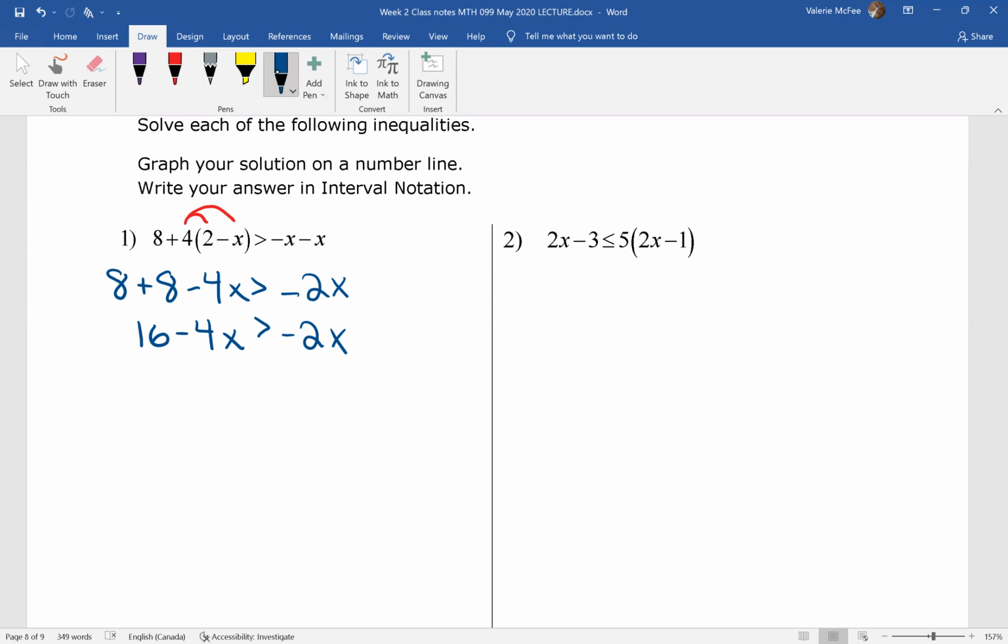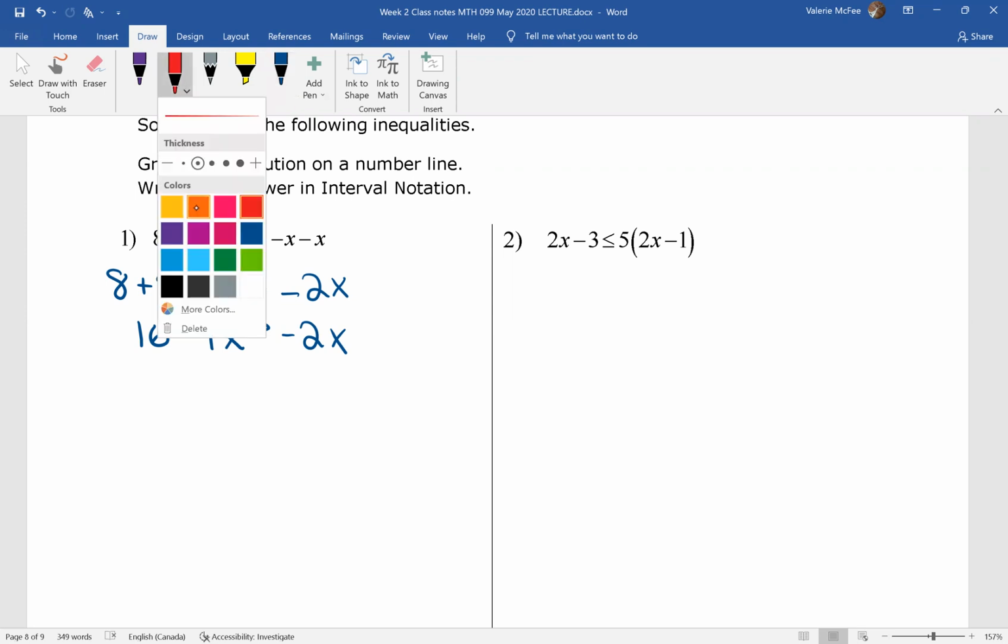When I'm solving an inequality, I prefer x on the left, but let's solve it this time with x on the right.